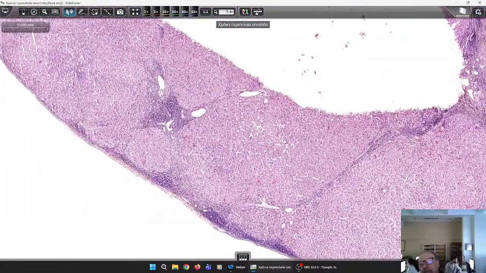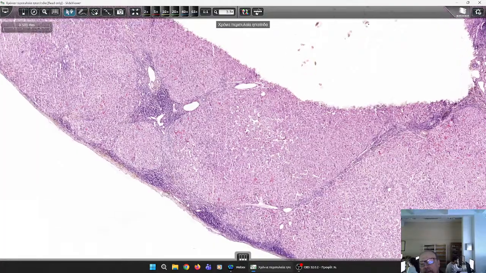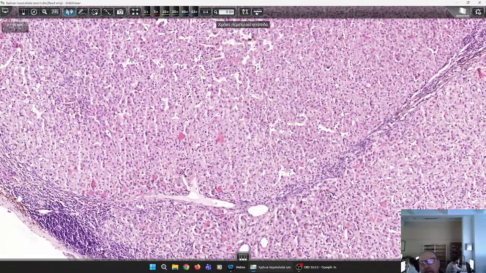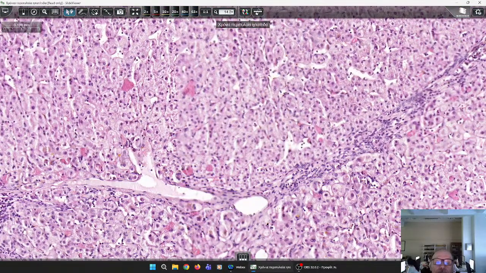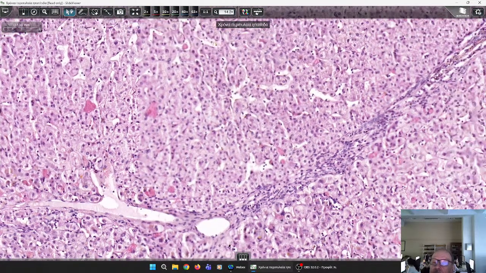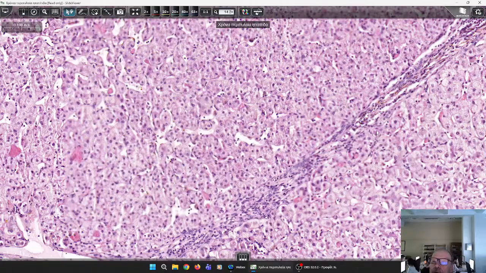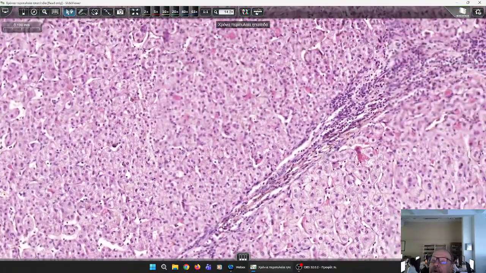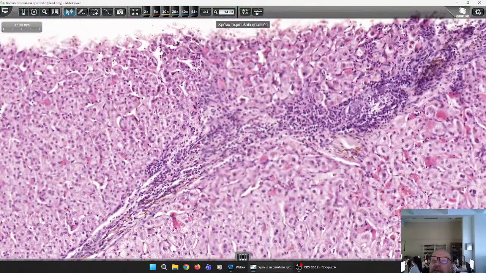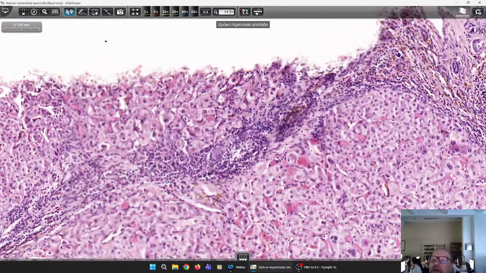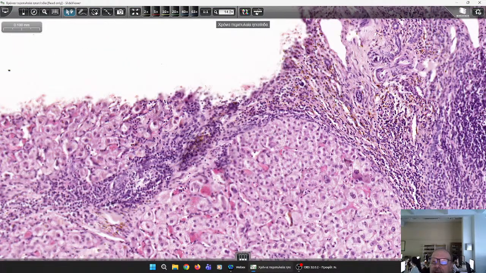You see here? The septa starts from this area. Could this be a central vein? I'm not sure. And you follow the septa, and see it ends here in the portal tract.